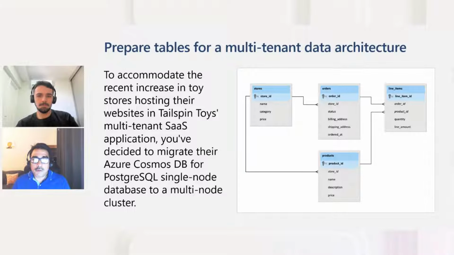Then we have the products, all the products which Tailspin Toys is selling. It has a list of all the products. And then the line items, where all line items sold as part of the order are stored in the line items table.